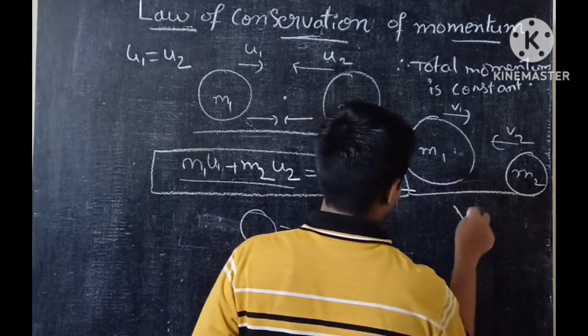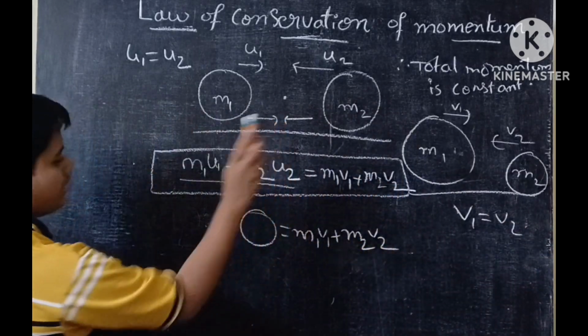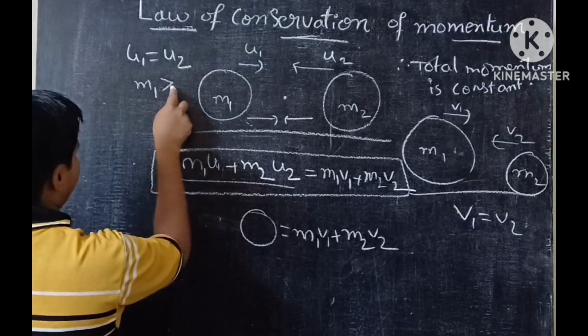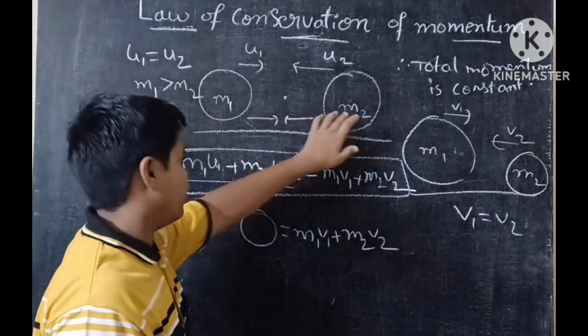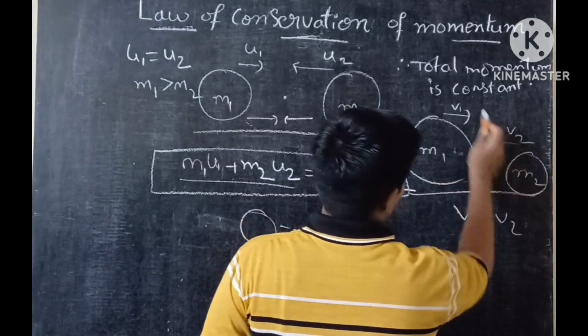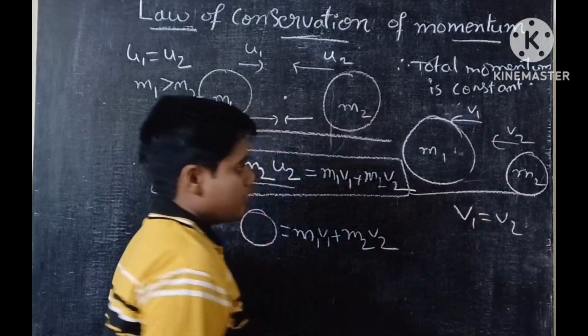Here I am taking v1 equal to v2 because one condition is mentioned: m1 is greater than m2, which means this body is greater than this in mass.